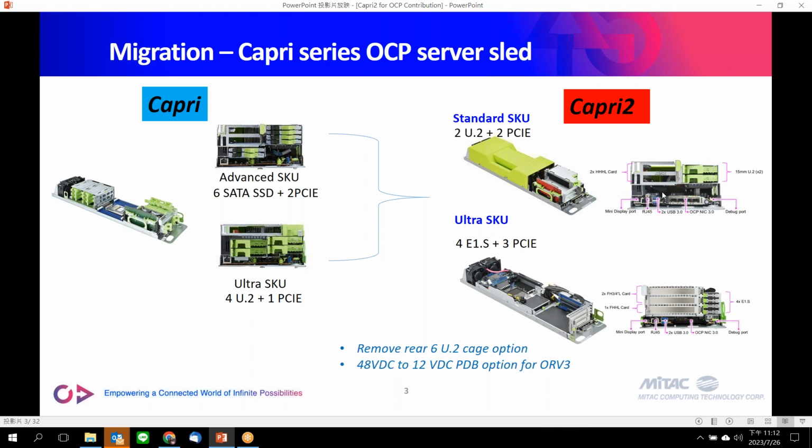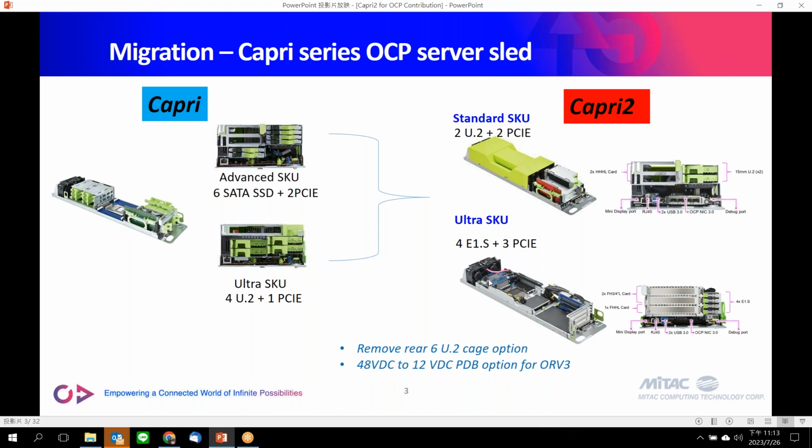So the new Capri 2 standard SKU can support 2 PCI cards plus 2 U.2 drives. And also the difference is that Capri 2 supports the OCP V3 mezzanine card, and Capri supports the OpenRack OCP V2 mezzanine card. This is a bigger difference.